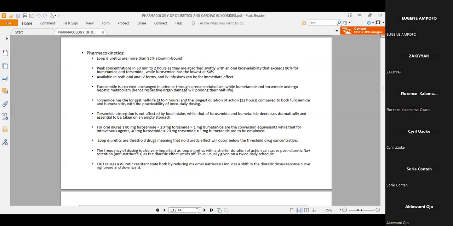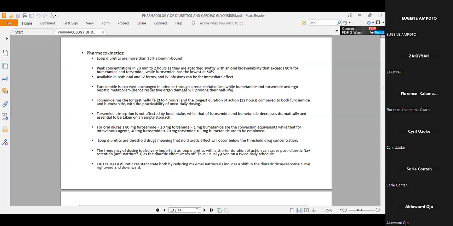And because of this, the dosing is usually once daily. Absorption of torsemide is not affected by food intake, unlike furosemide and bumetanide, which decreases dramatically with food, and it's essential to be taken on an empty stomach.